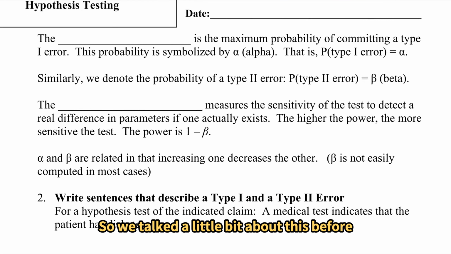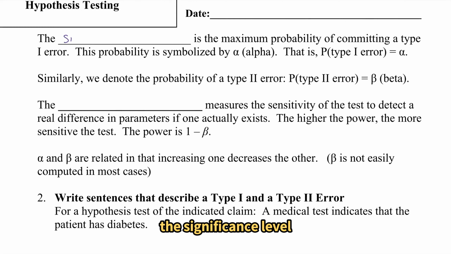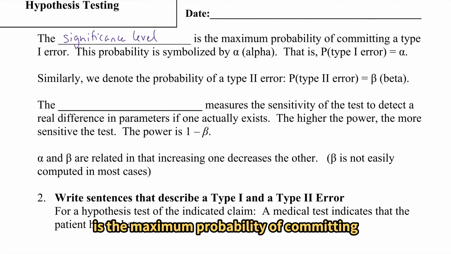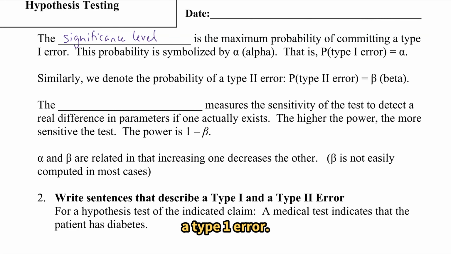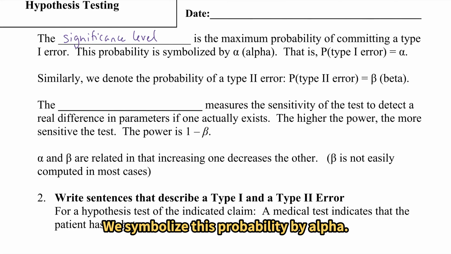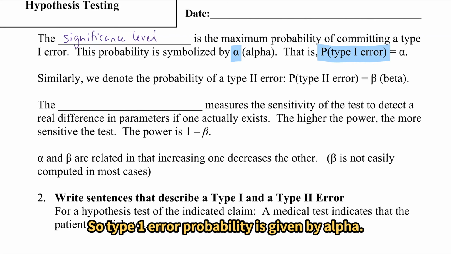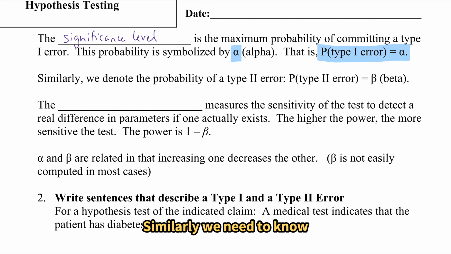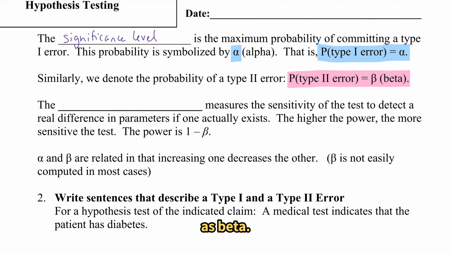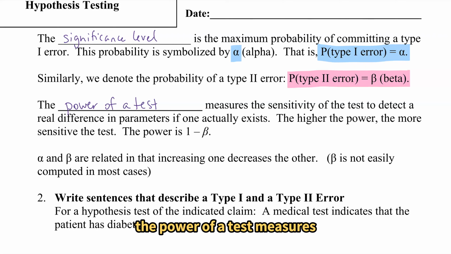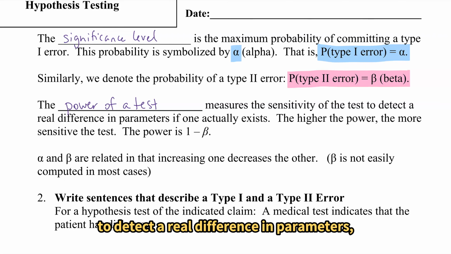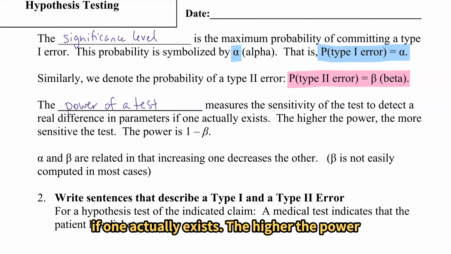So we talked a little bit about this before. The significance level is the maximum probability of committing a type 1 error. We symbolize this probability by alpha. Similarly, we denote the probability of a type 2 error as beta. The power of a test measures the sensitivity of the test to detect a real difference in parameters if one actually exists.